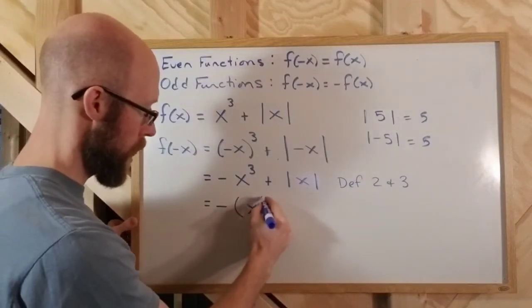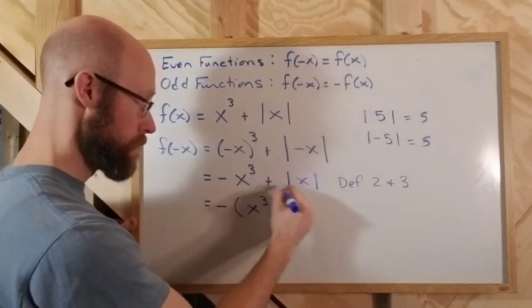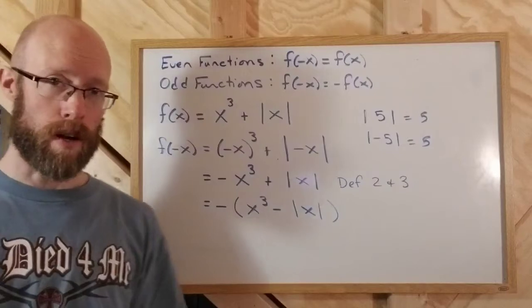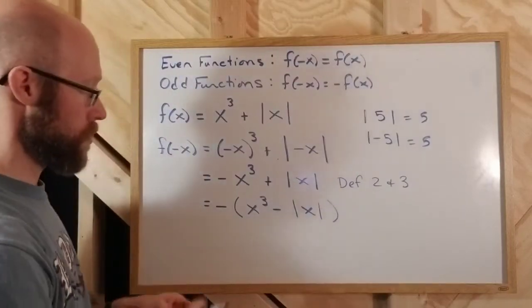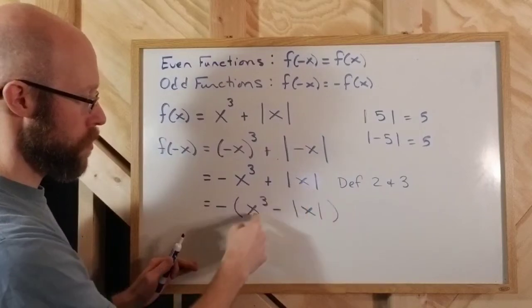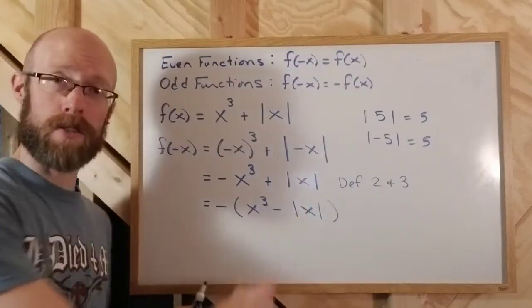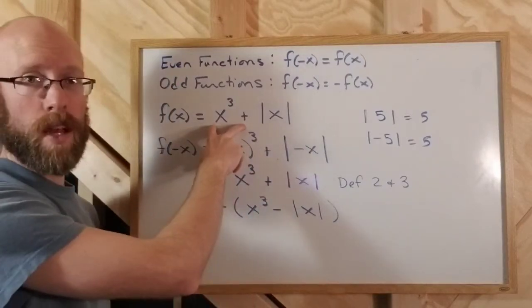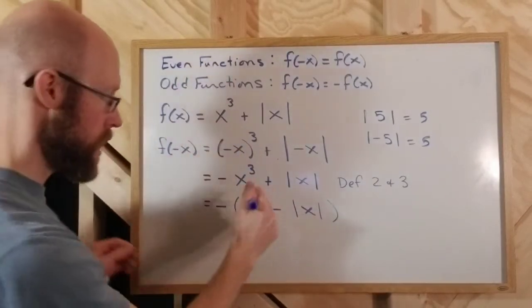That would give me a positive x cubed, but that would then change my other sign to be a negative absolute value of x. Okay, so I'm either going to get a negative first term and a positive second term, or a positive first term and a negative second term. I can't get them both to be the same now. Here, both signs are the same.